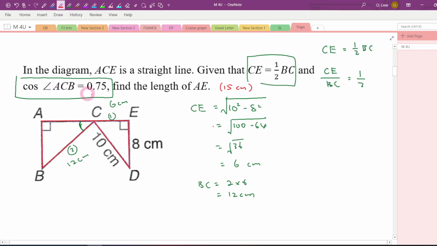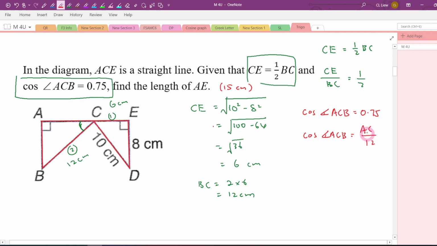How do we get cosine angle ACB? Cosine angle ACB is equal to 0.75. How do we get cosine ACB? CAH, right? So cosine angle ACB is actually equal to adjacent AC divided by hypotenuse, CAH.